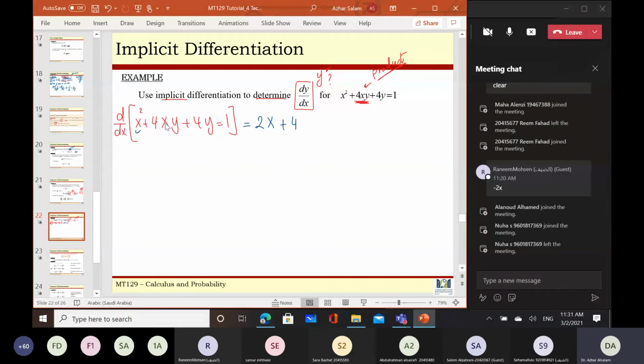Then I will differentiate x multiplied by y, so I will use the product rule.